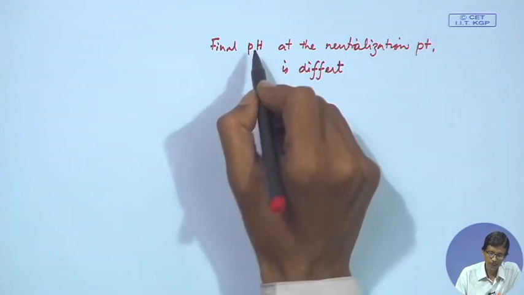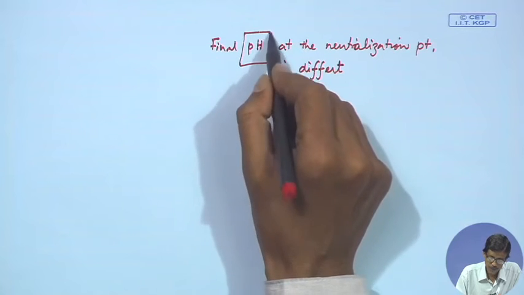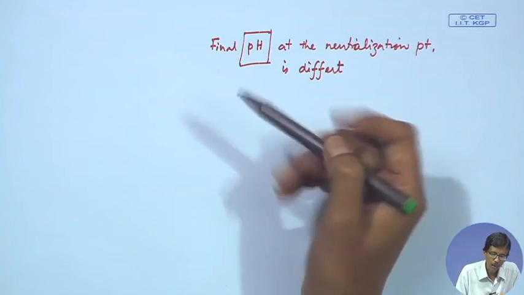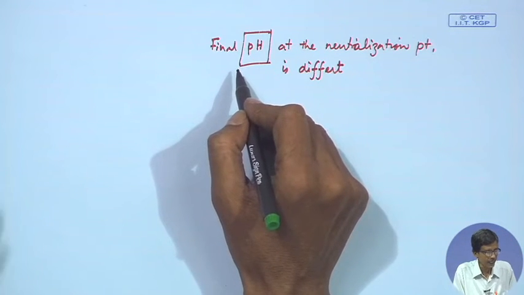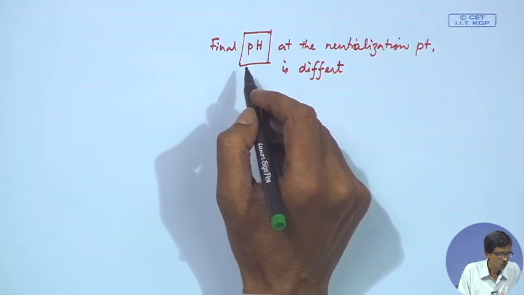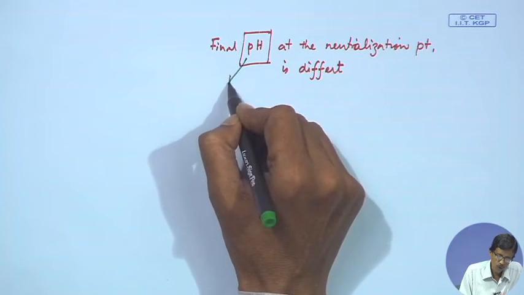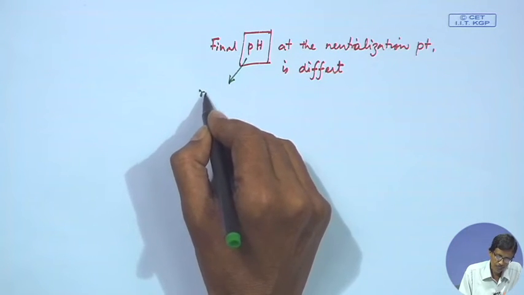Since this pH value is different for different acid base combinations in titration, we have to use different indicators, and that is how you choose the right indicator.